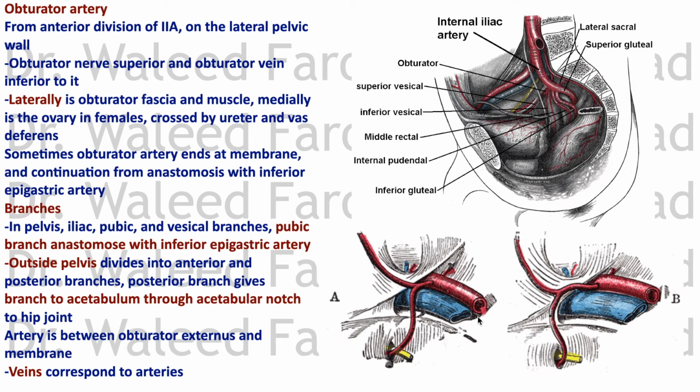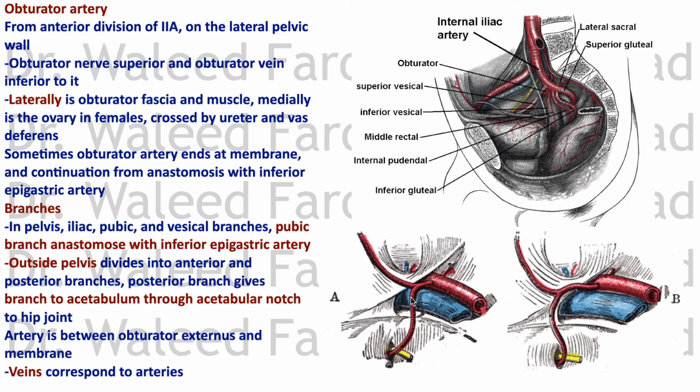In this case, the obturator ends by supplying the obturator internus and fascia, and the continuation of the obturator outside the pelvis is by the continuation of the anastomosis between inferior epigastric pubic branch and obturator pubic branch.